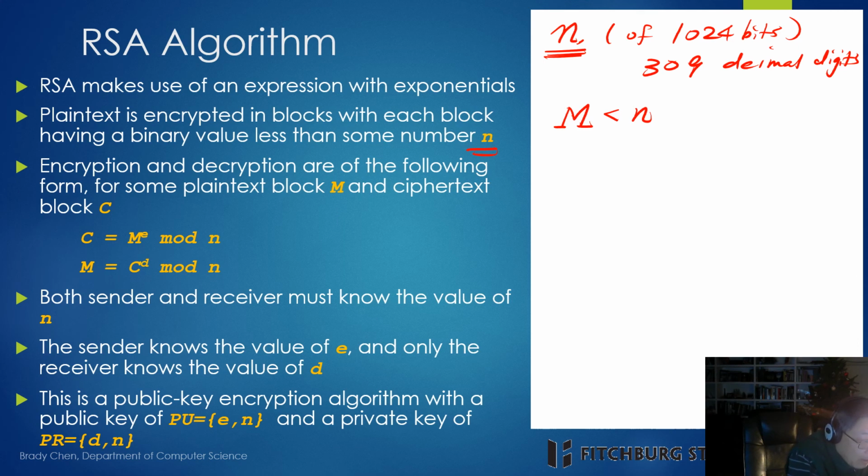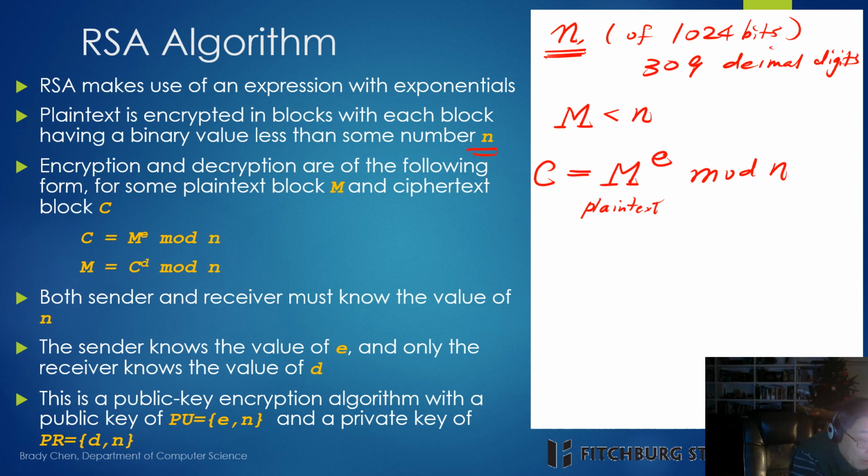Here, the encryption and decryption are very important and also very simple. Here's how we're going to encrypt the number. We perform M, which is the plain text, to the power E, modulo N. Hopefully this is going to be the ciphertext.